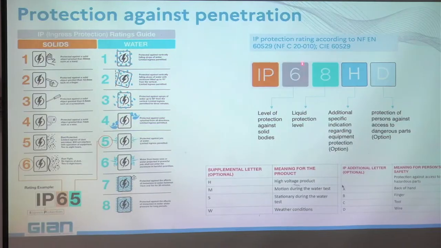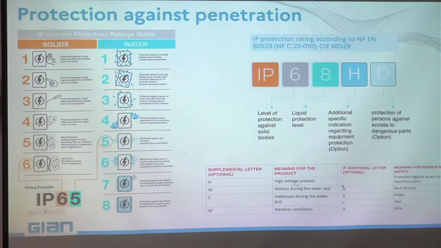And the second one is the protection against liquid penetration inside the device, inside the fixture. The first one goes from 0 to 6. 0 means completely open. You can put your hand, you can put an elephant. What you can fit inside, you can put inside. No protection at all.